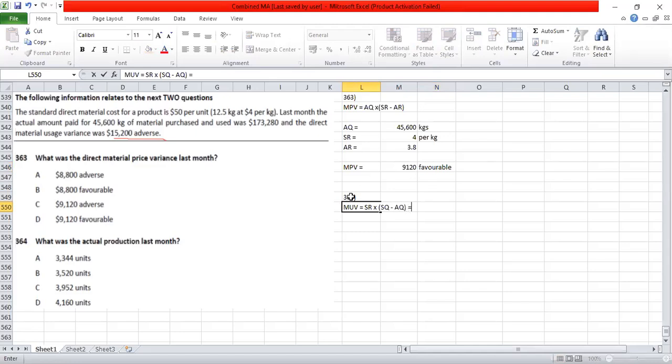The variance is already given as 15,200 adverse. Now we are asked to find the actual production last month. How many units did they produce that gave a material usage variance of 15,200 adverse? That is what has to be calculated.